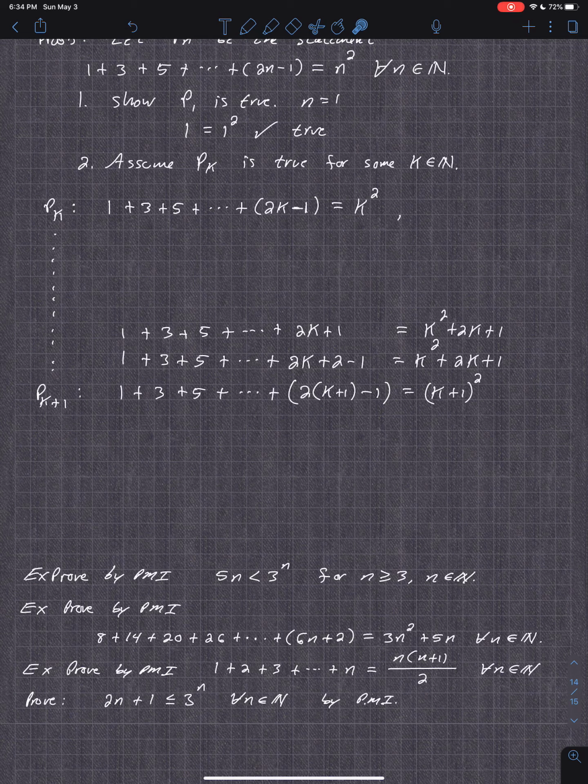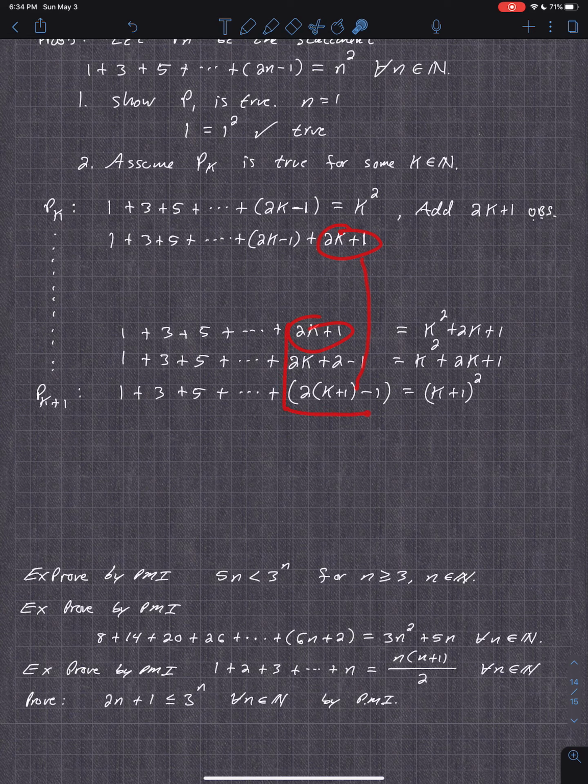So add 2k plus 1 on both sides. So it's 1 plus 3 plus 5 plus dot dot dot plus. Now this is technically still here, and then you're going to add 2k plus 1, which we already know can be written like this.